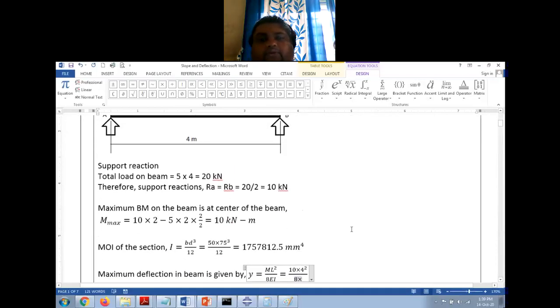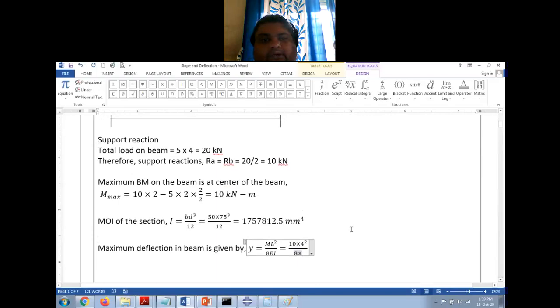So you have to put this, see here I have in kilonewton meter. So I have to put this in kilopascal, kPa. 1 gigapascal is 10 raised to 9. So if you want to convert that into kilopascal, I have to multiply by 10 raised to 6.